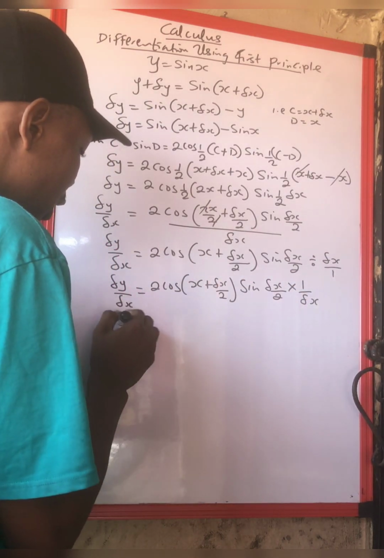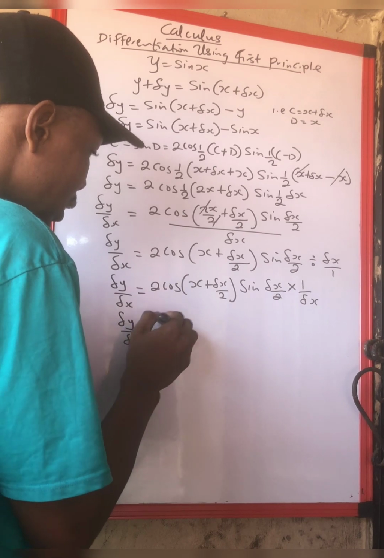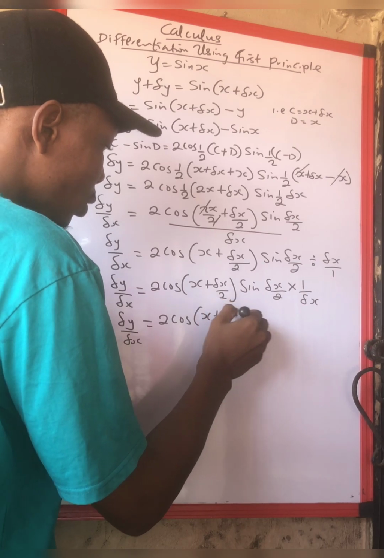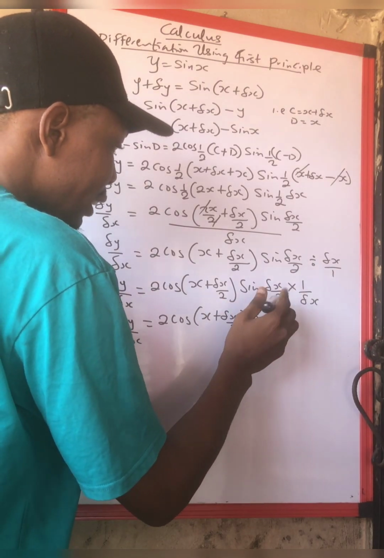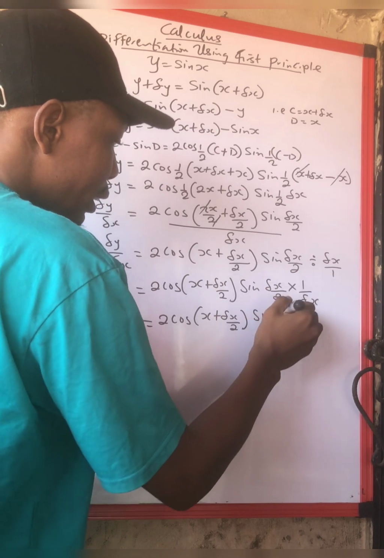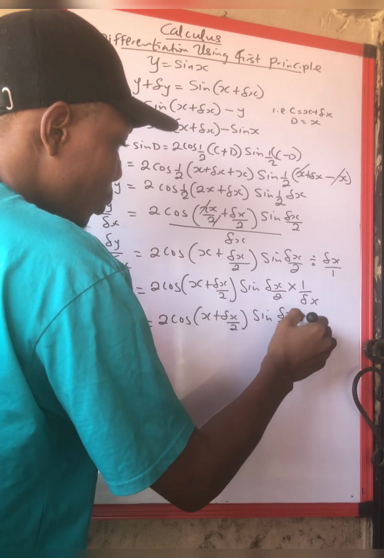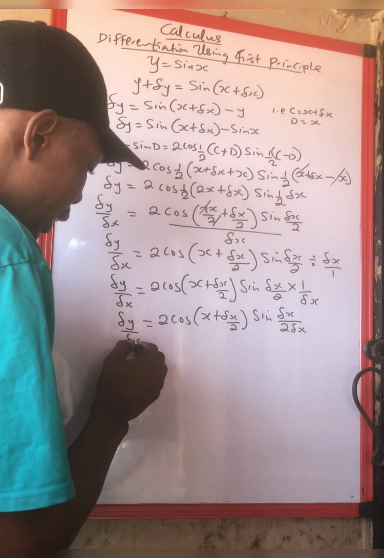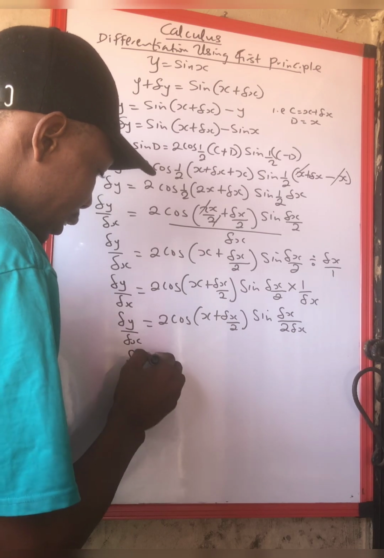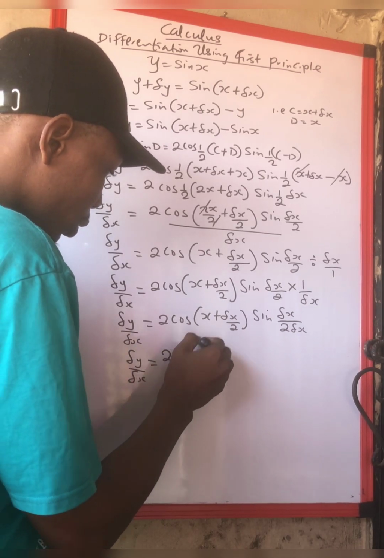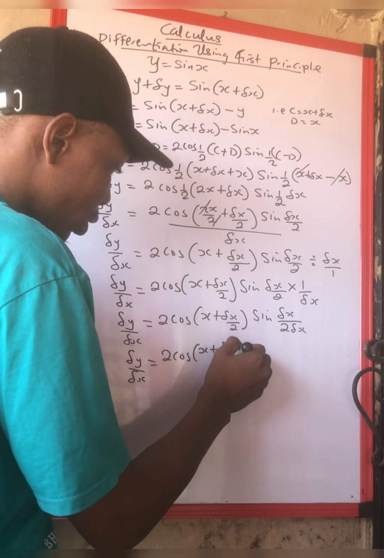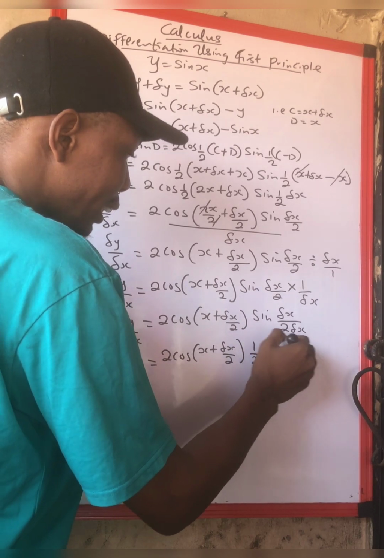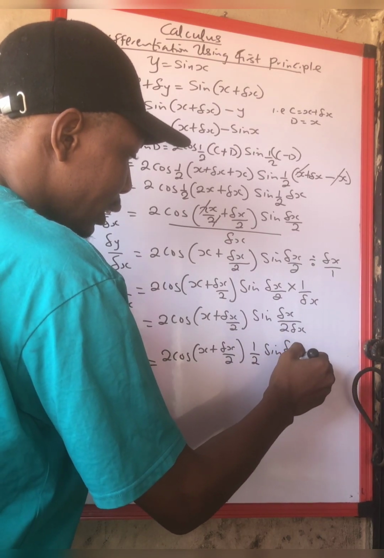So this is stating that change in y over change in x equals 2 cos bracket x plus change in x over 2, then sine of change in x over 2 change in x. Now I can easily split this. So change in y over change in x equals 2 cos bracket x plus change in x over 2, then 1 over 2, then sine change in x over change in x.